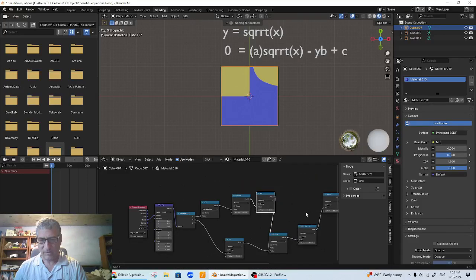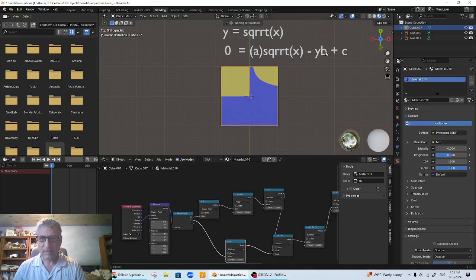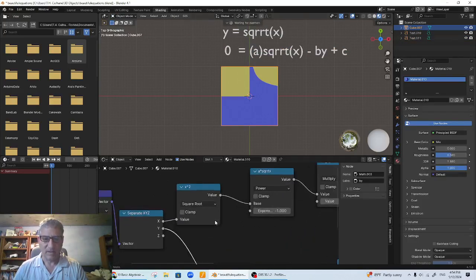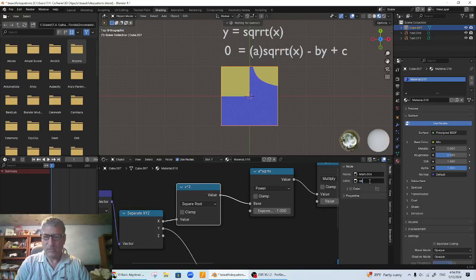Why do we even have this here now? I don't think we need this one. I didn't write this right. So this here, we are square rooting x, so this has got to be square root x.